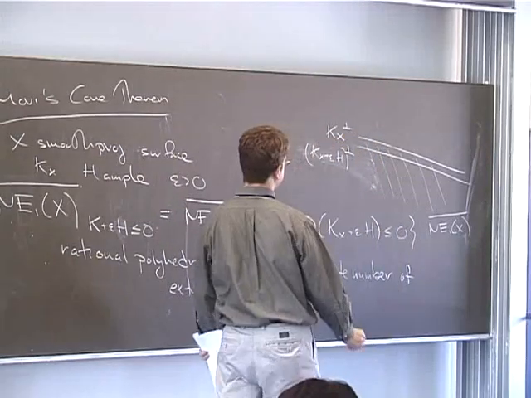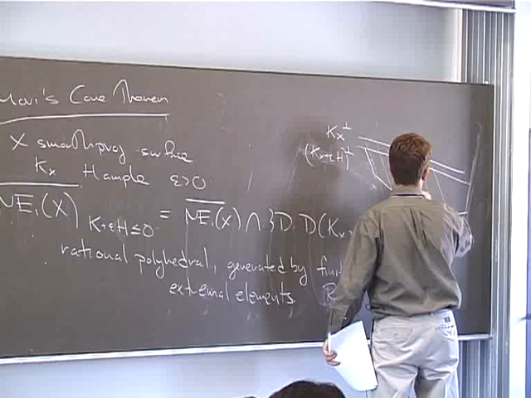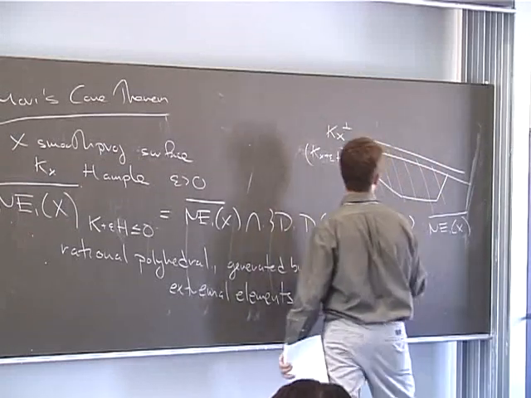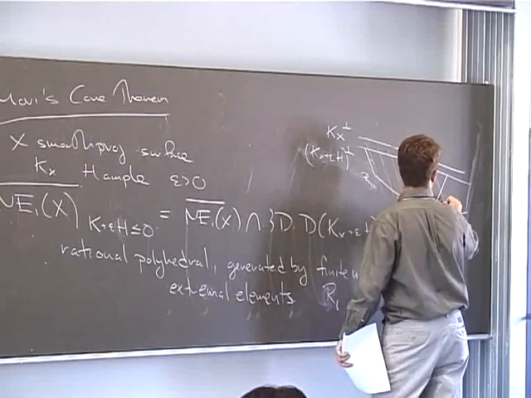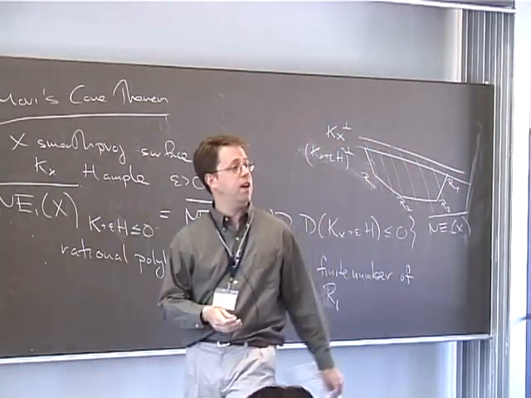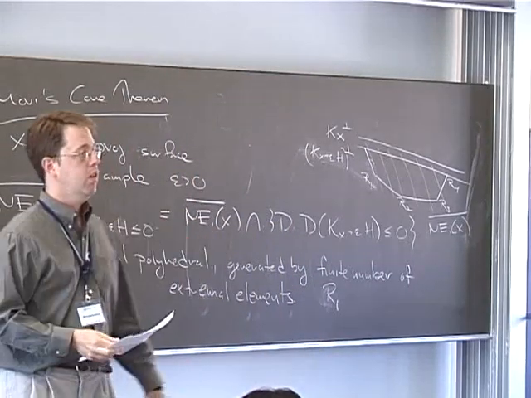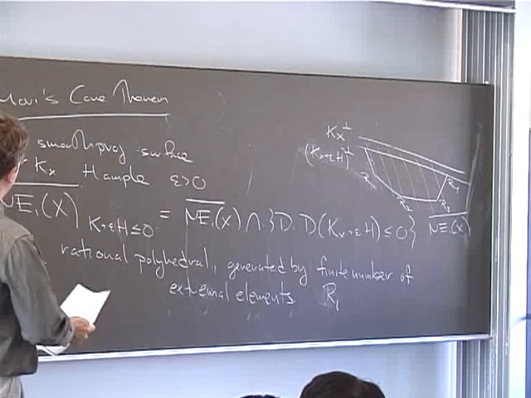So the picture is that in this region, the cone is going to look like this, where each of these is a rationally defined class. So we get a finiteness theorem.